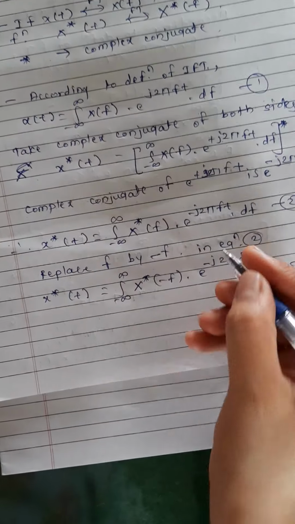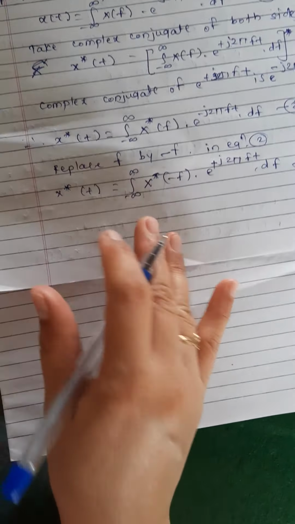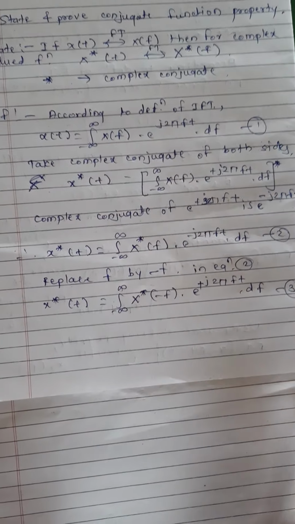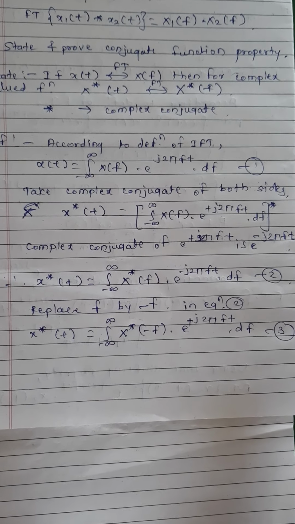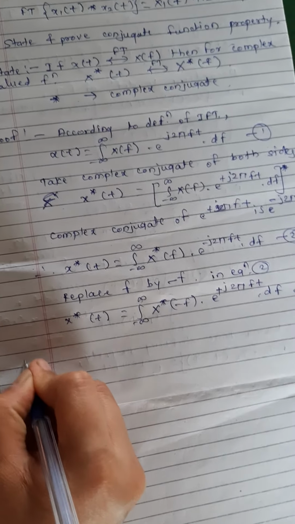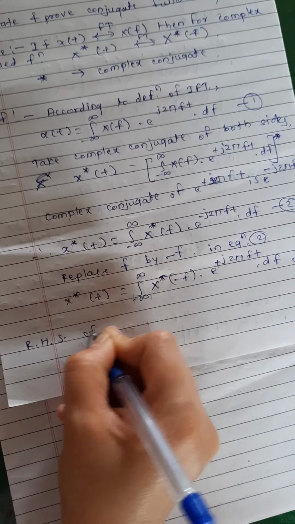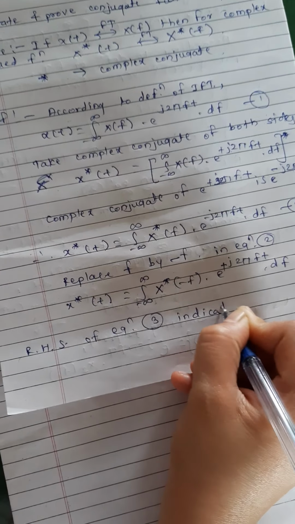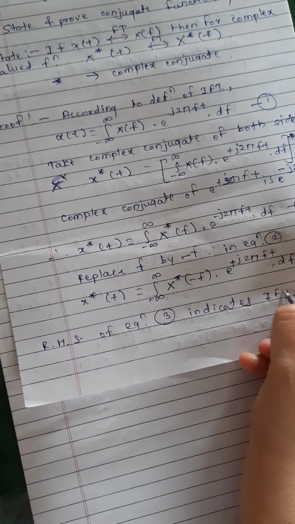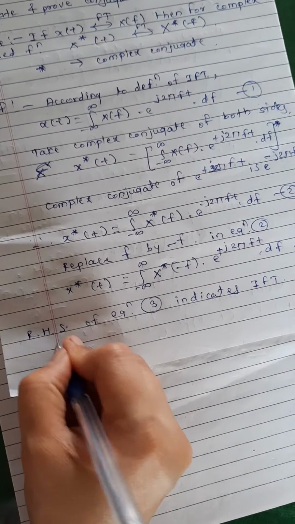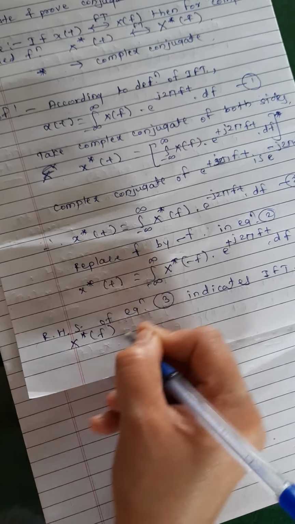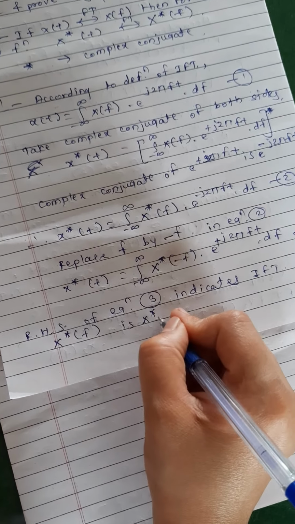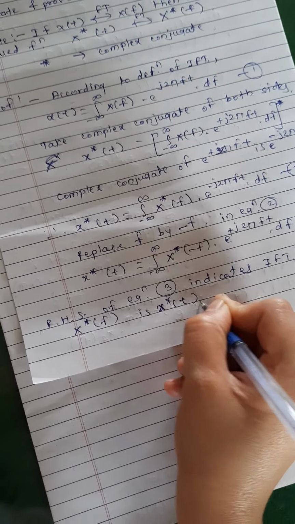Here we replaced minus f by plus f, so it becomes plus. So the RHS of equation 3 indicates the inverse Fourier transform of the conjugate of X of minus f, and the LHS is x of t conjugate.